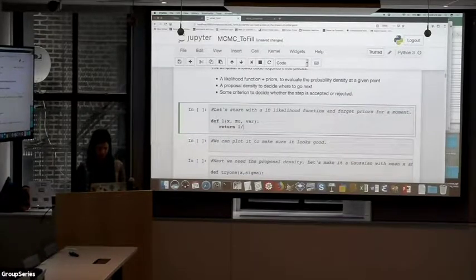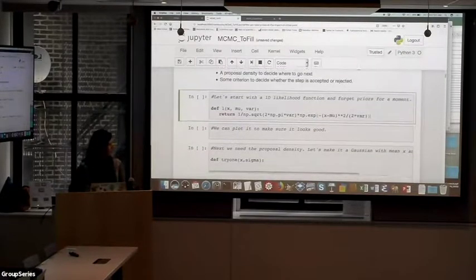Then I need 1 over the square root of 2 times pi times, okay, so this is the variance, so I can put it in the square root. Then I have np.exp of negative x minus the mean, squared, divided by the variance, and I think here I have a factor 2.